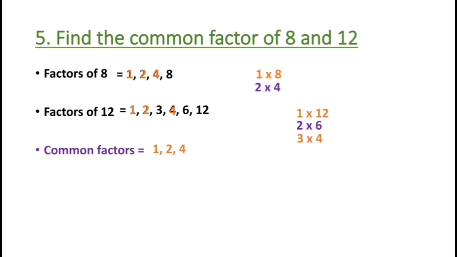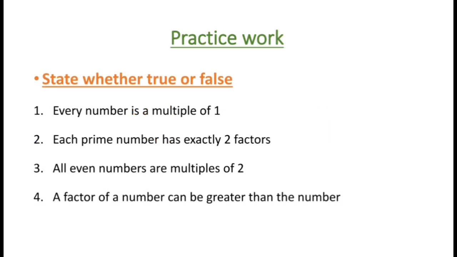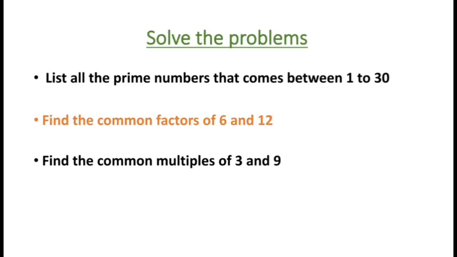That is important. These true or false questions are given based on the properties of multiples and factors. You can practice all these problems also. The first problem: list all the prime numbers that come between 1 to 30.